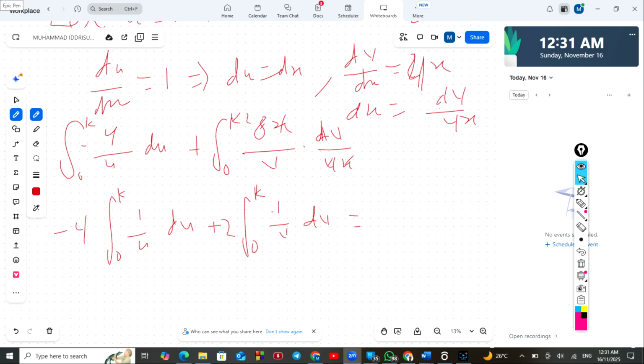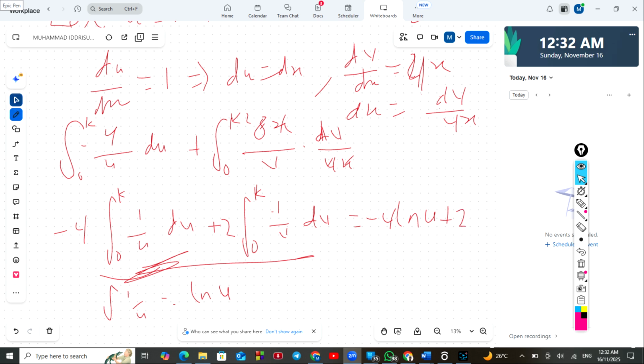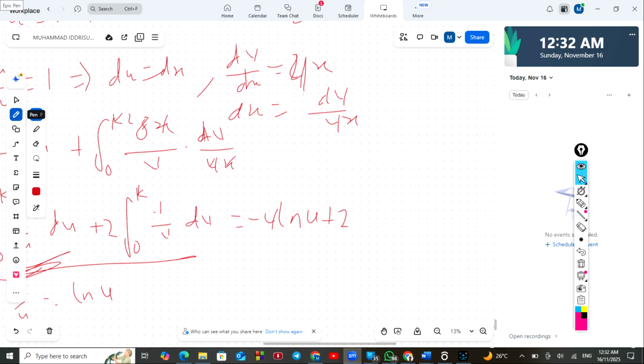Note that the integral of 1 over u is equal to ln of u plus some constant. We won't bring any constant here, we'll just bring a general constant for the two terms. So we have minus 4 ln of u plus 2. Similarly, the integral of 1 over v is also ln of v.